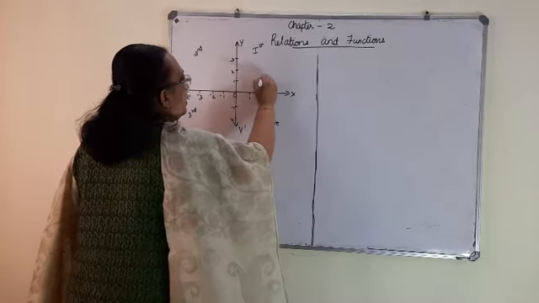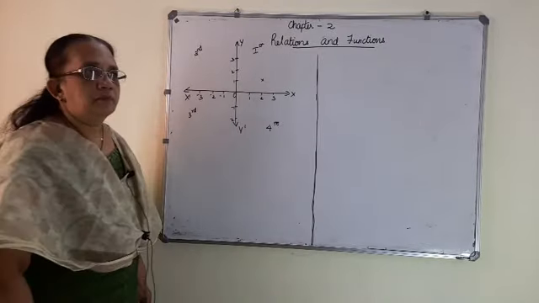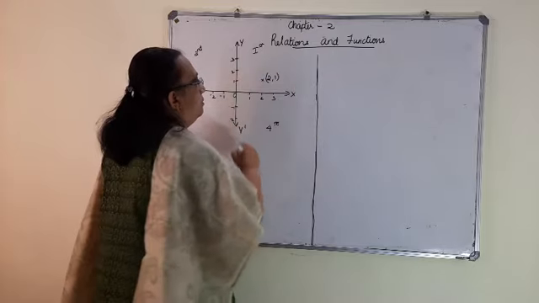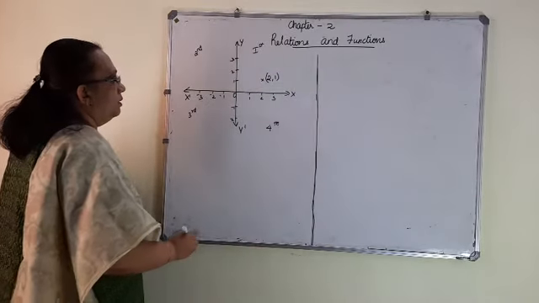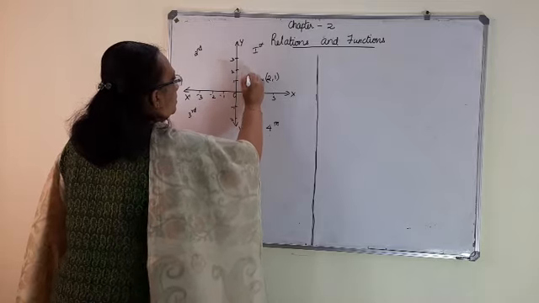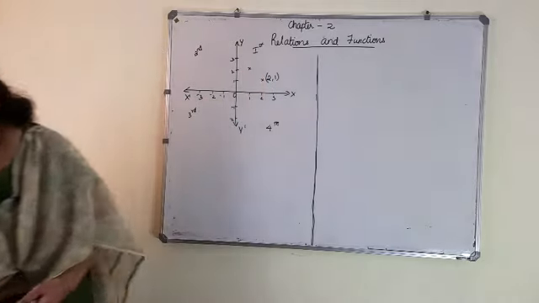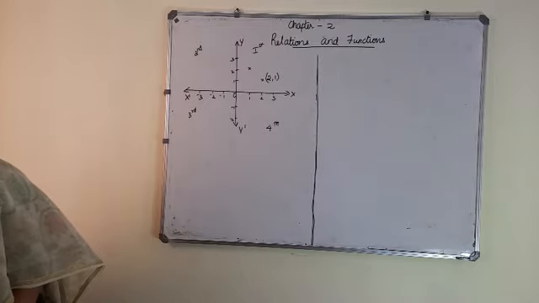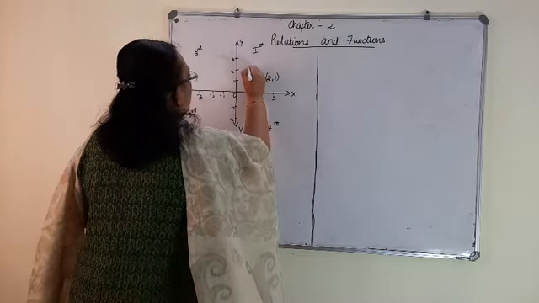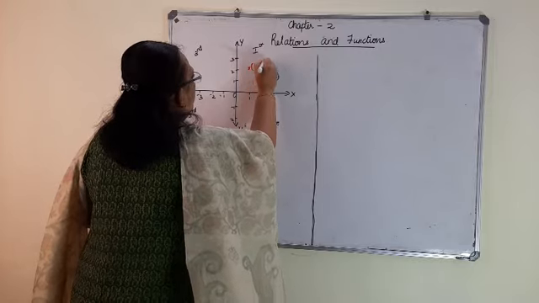Suppose I mark a point over here, then you say it is (2, 1). Another point here is (1, 2).